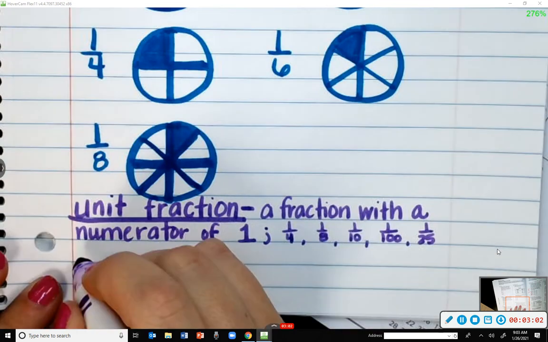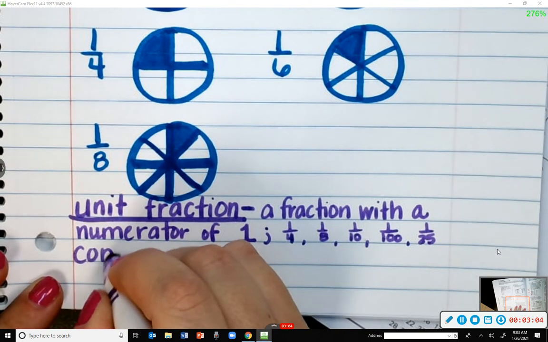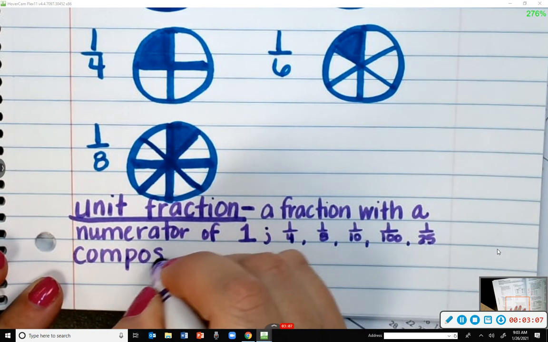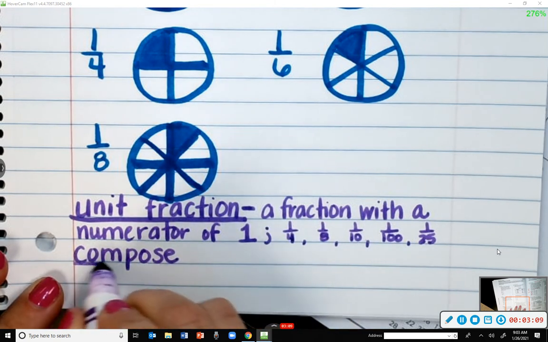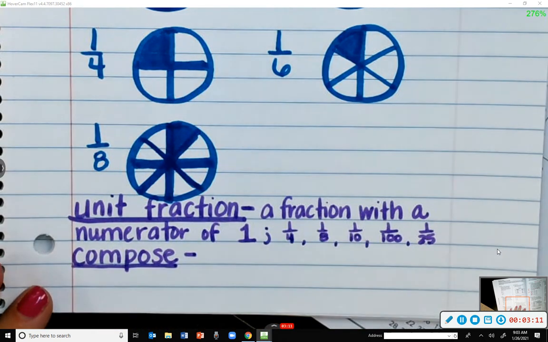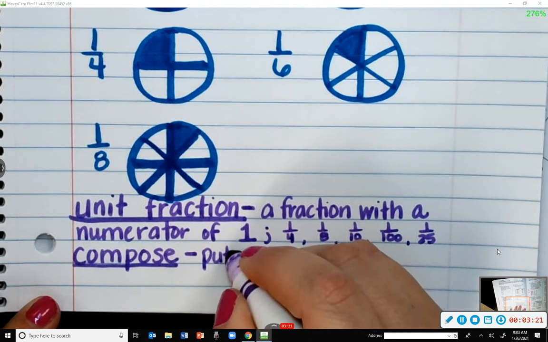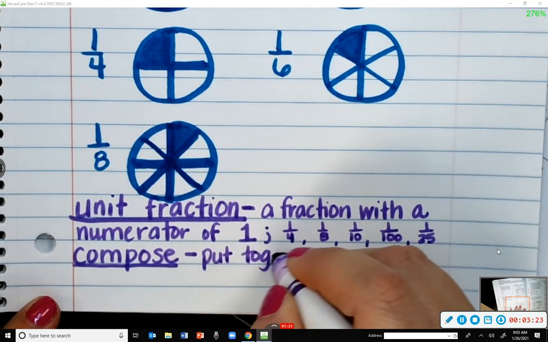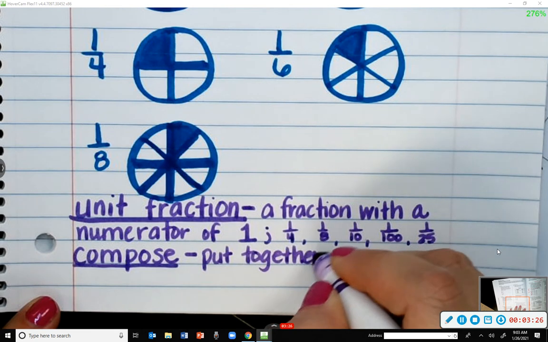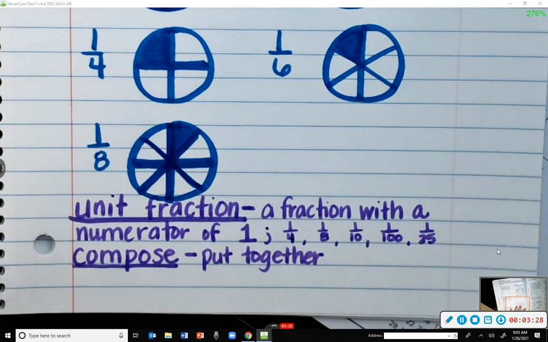Okay, the next word is compose. In math, the word compose means to put together. And in math, how do we usually put numbers together or fractions together?